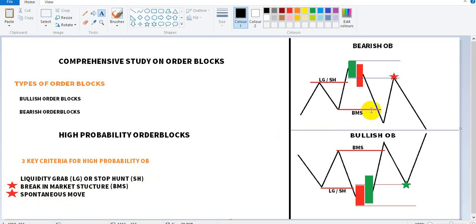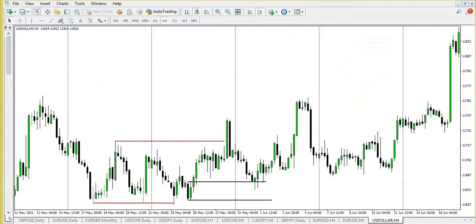Even though there is no liquidity grab, the two things I want to see are a spontaneous move, that is a fast move that breaks market structure, and the BMS, breaking market structure itself. Once market structure is broken and there's a fast and impulsive move, I view the order block before all these things as a high probability order block. And that's that about order blocks.